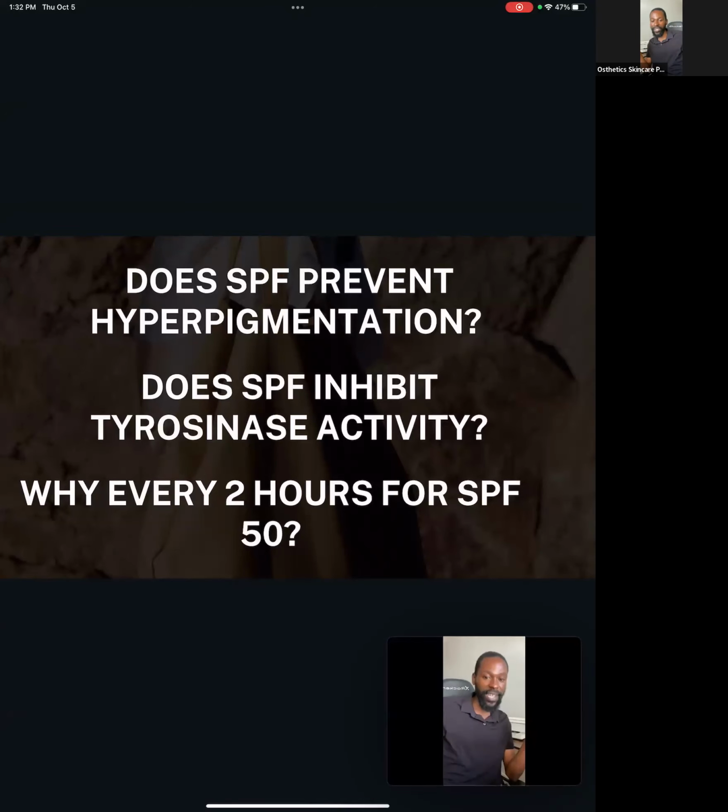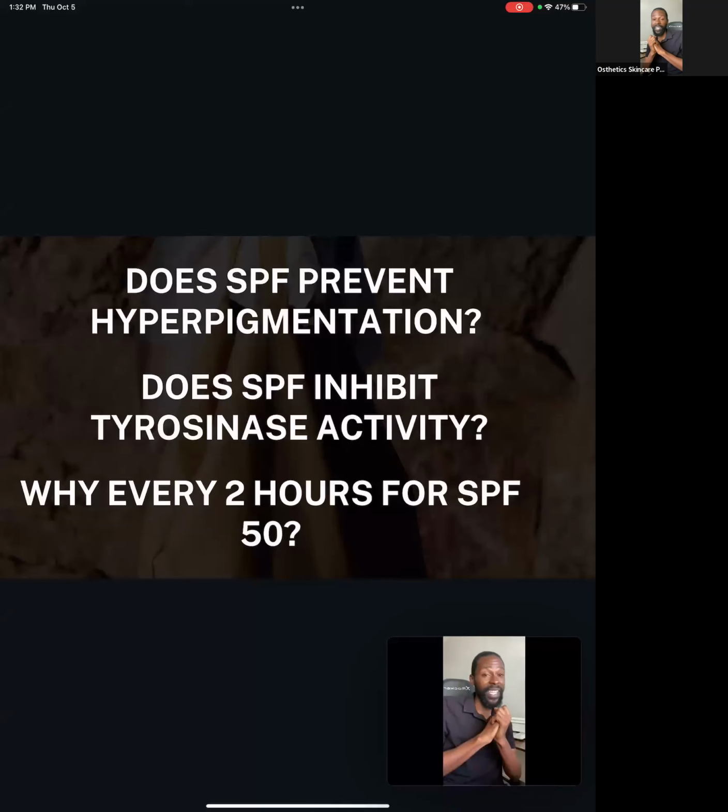I thought the sun protection factor was 500 minutes. This is also how you know that most of the SPFs that are out there have that synthetic active ingredient there.